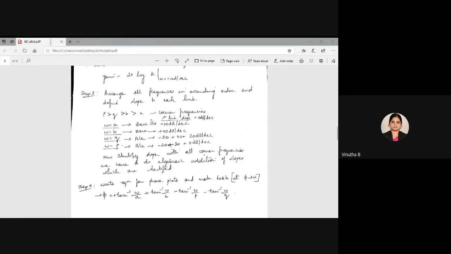Why we call these corner frequencies, I will tell you when we are drawing the Bode plot. Here the first line slope will be 0 dB per decade, since there is no pole or zero at the origin.